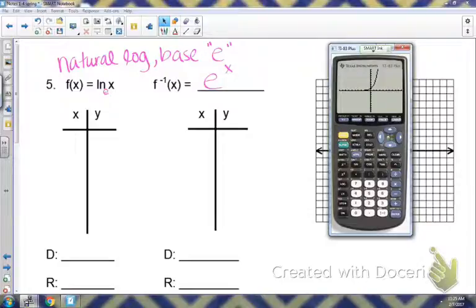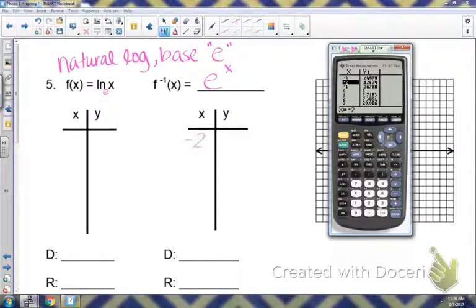Notice that it looks like an exponential graph. It's approaching the x-axis. So if I go to that table, let's go from -2 to 2. So that would be -2, 0.14, we'll round to 2 decimal places. -1 would be 0.37, 0 is 1, 1 is 2.72, and 2 is 7.39.